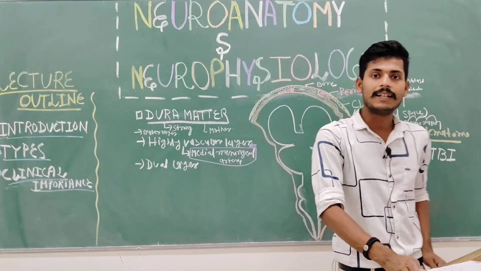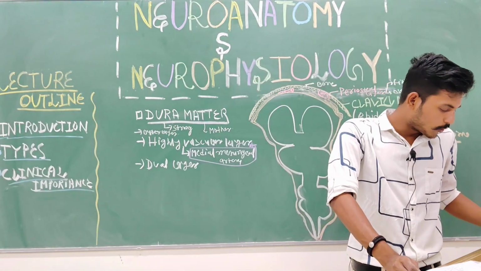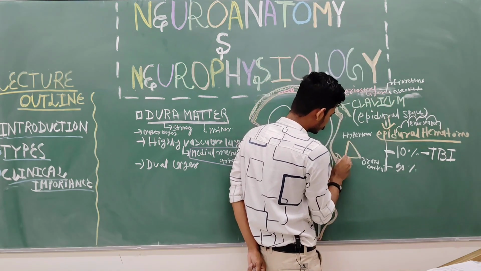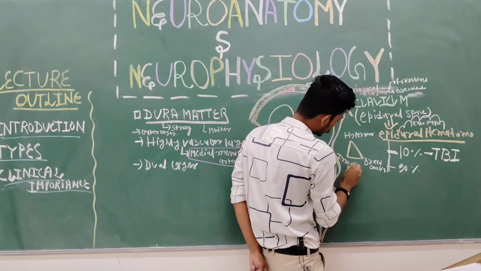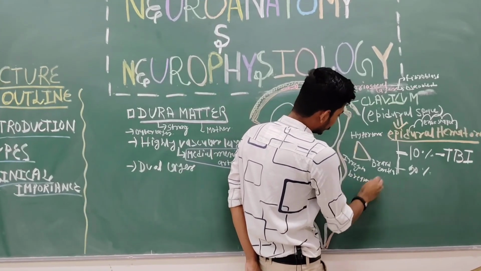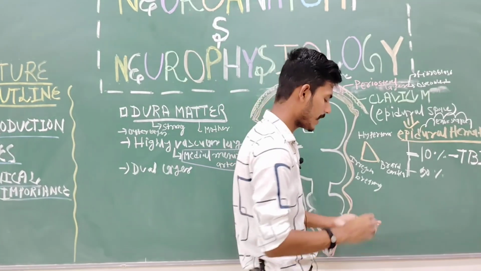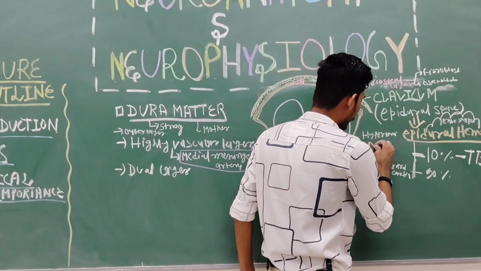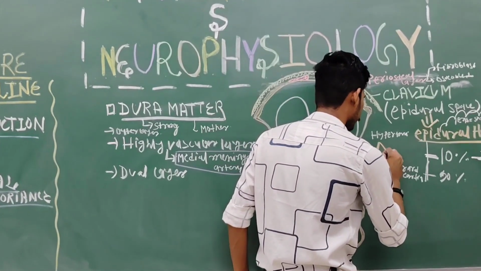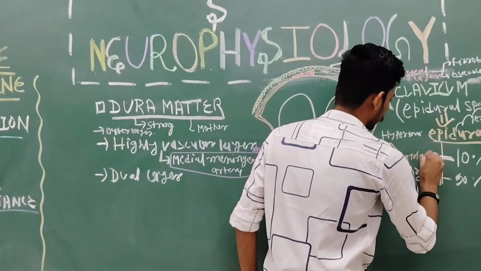Bradycardia, less heart rate, it's a slow heart rate, and the irregular breathing. Write it down, this triad is called the Cushing triad. Understood?